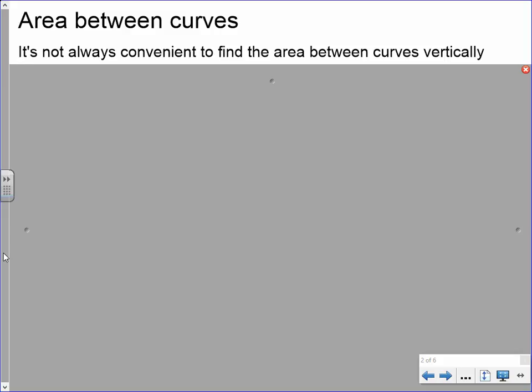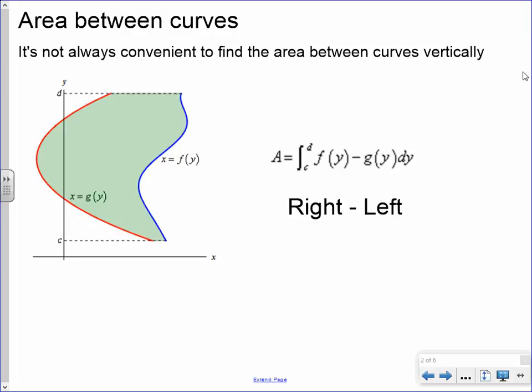Sometimes vertically isn't the way to go, but that is okay because we have the option of going horizontally. If we have functions that are easier to work with in terms of y, or if we have an opportunity to set up 1 integral in terms of y as opposed to yesterday's 2 integrals in terms of x, we can draw our rectangles horizontally.